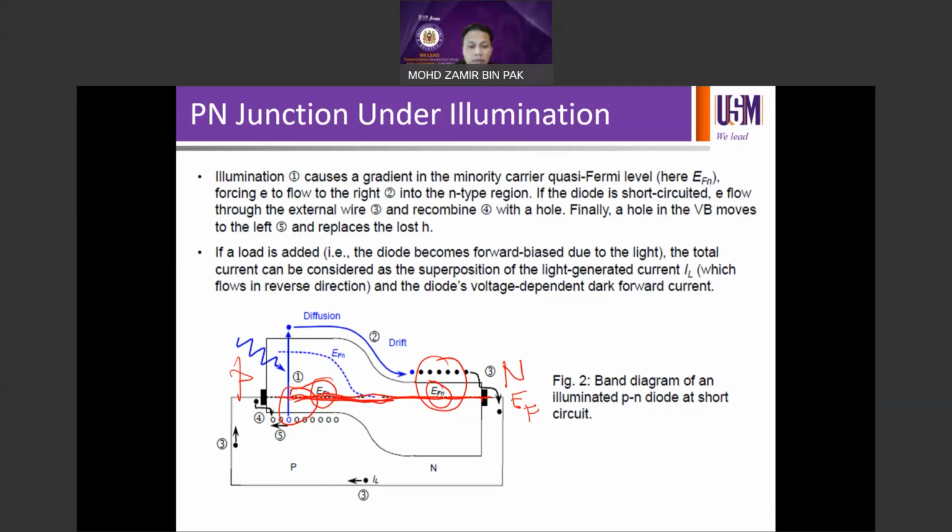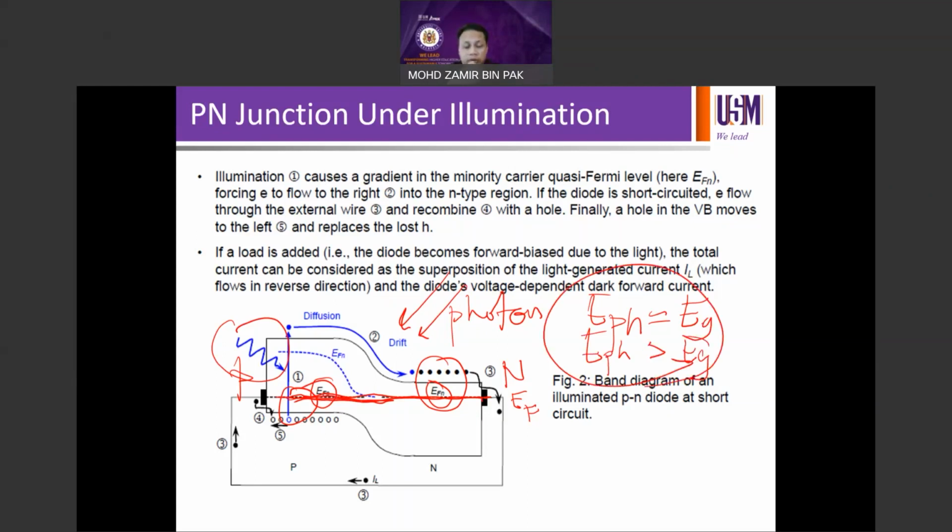The moment you shine photons, you're illuminating your PN junction with photons, assuming this has EPH equal to the bandgap, or perhaps some with EPH more than the bandgap, where both will cause absorption of light, as we learned last time when we talked about absorption in the generation and recombination topic.